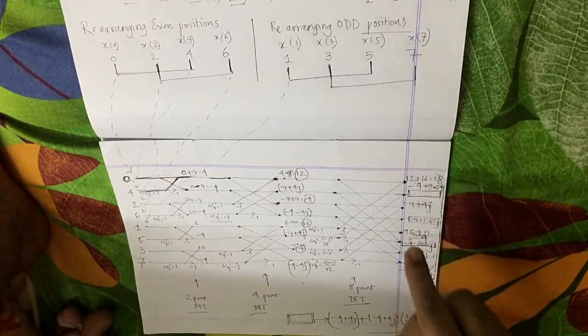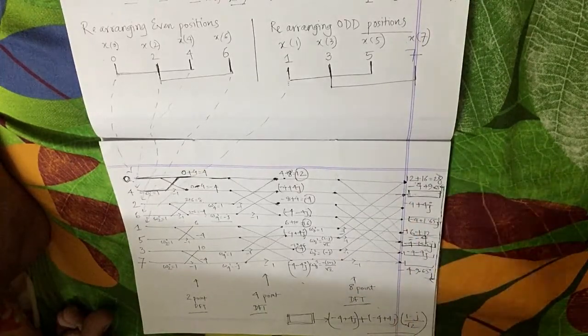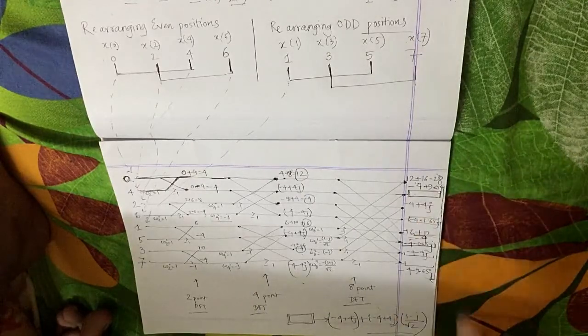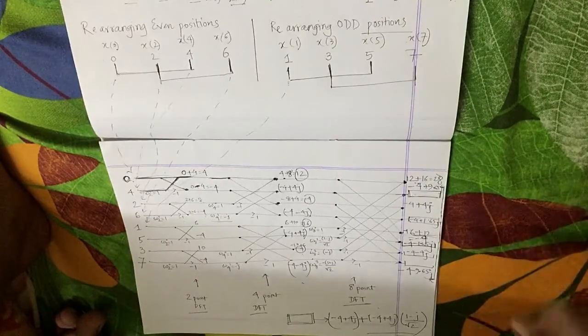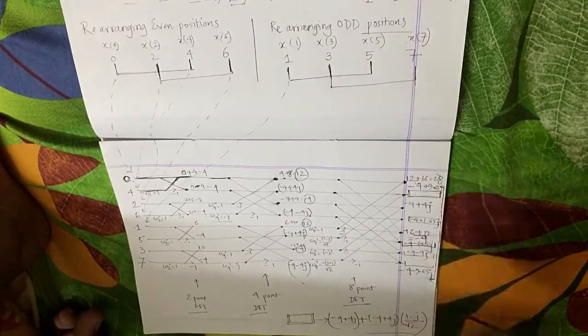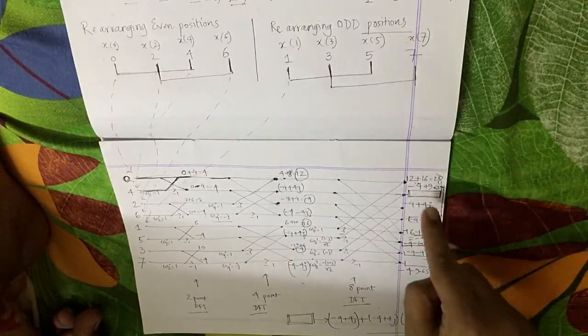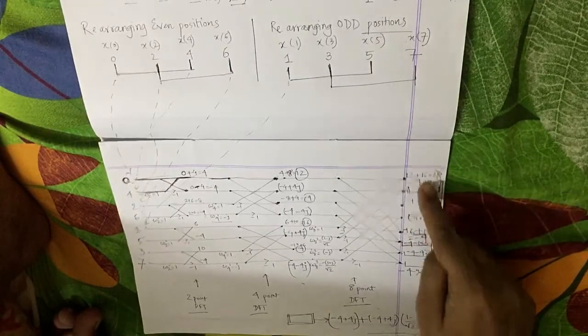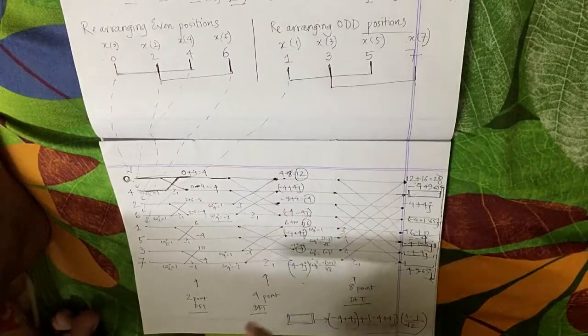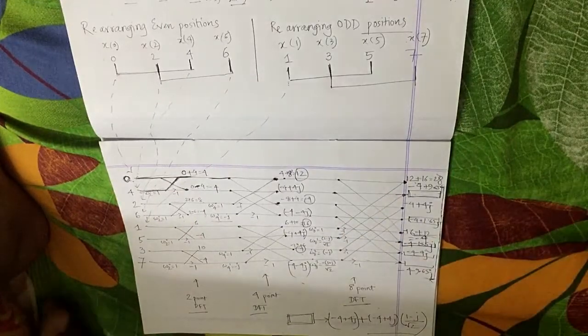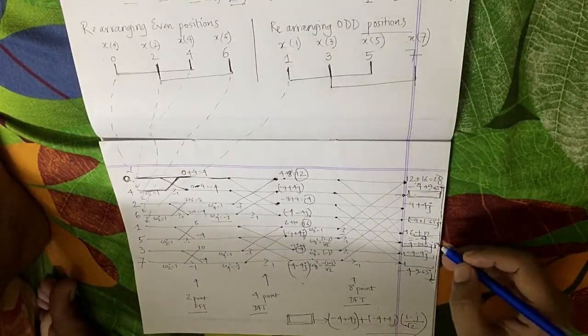So the only difference is, in the imaginary part we are just changing the sign. We had a plus sign here, that plus is just replaced with a minus sign, everything else is remaining the same.